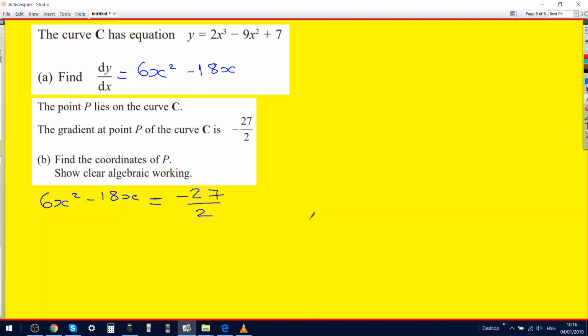So how would you go about this? You could times everything by 2. Equals. And then.